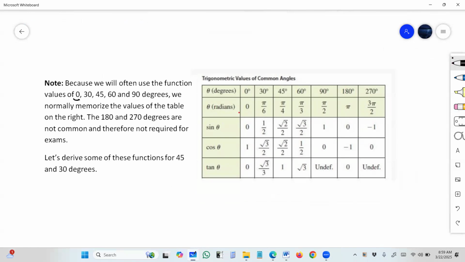So the angles are 0, 30, 45, and 60 degrees. 90 degrees, we have to know the values of sine, cosine, and tangent. We really need to know only sine and cosine because tangent, we just divide sine by cosine. Okay, and the same thing goes for cosecant, secant, and cotangent. So the only values that we really need to know are right here.